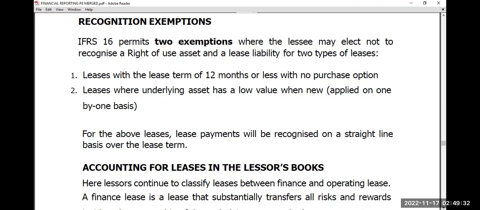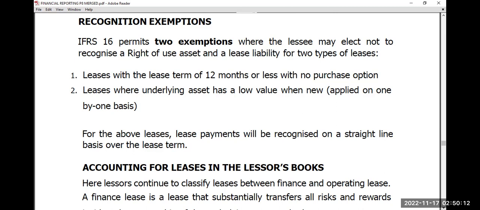If the lessee acquires these leases, we account for them differently. The person is not supposed to account for the right of use asset and the lease liability. This standard permits only two exemptions, and the first is leases with a lease term of 12 months, that's 1 year, or less, with no purchase option.